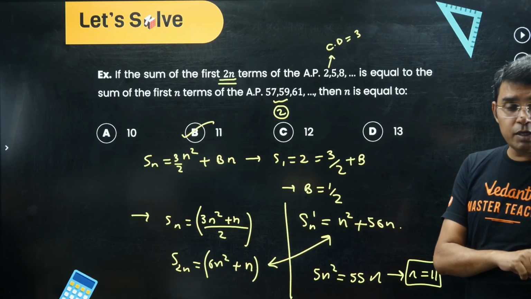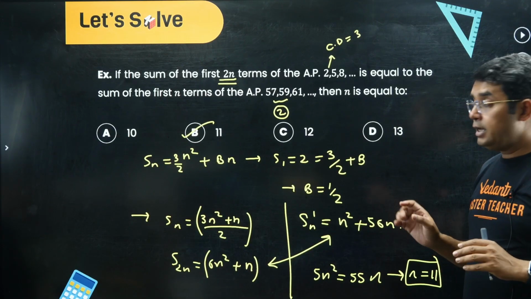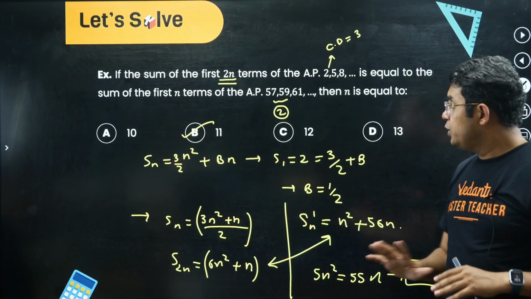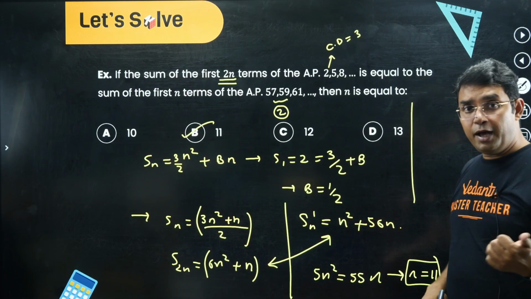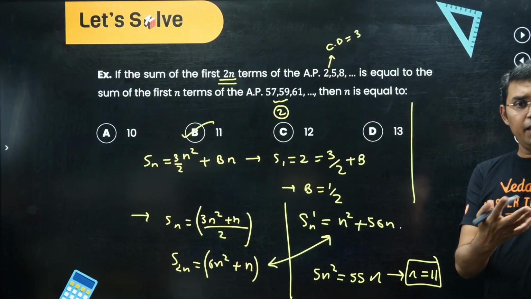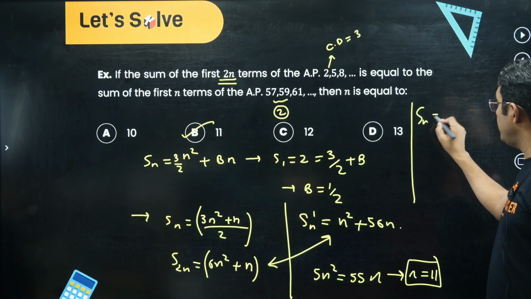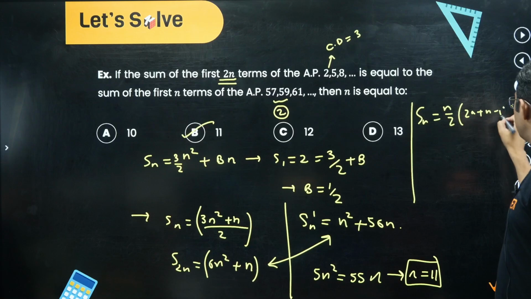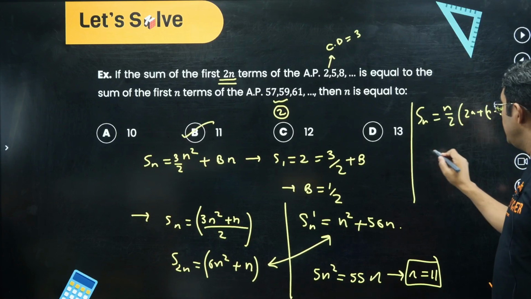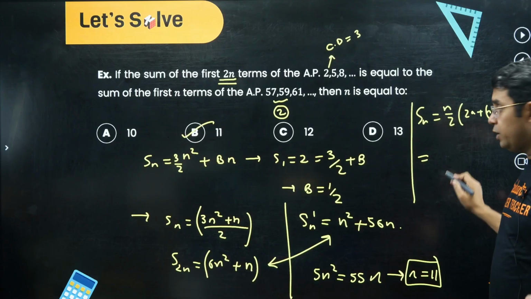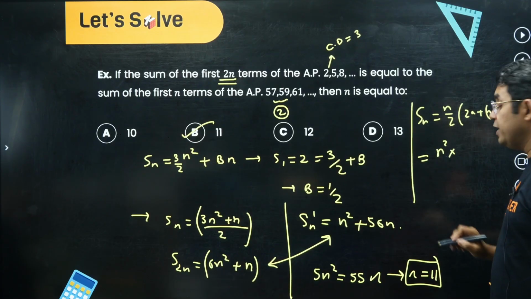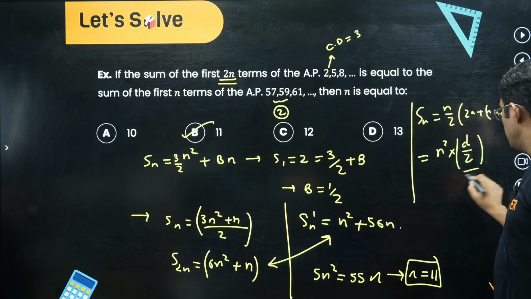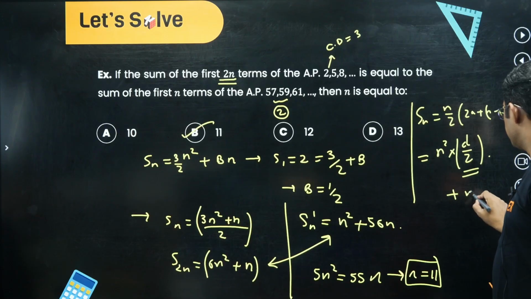If you have any confusion about the common difference and leading term relation, you can verify by taking any AP, or maybe that formula I told you, Sn is equal to n by 2 into (2a plus (n minus 1) into d). So you will understand that in sum of n terms, the coefficient of n square is always d by 2. Okay, so please remember it.